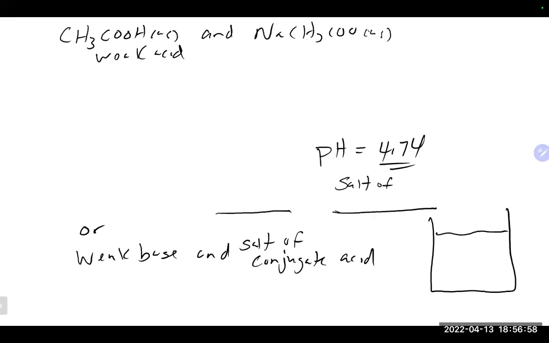I don't see it on my list, so I'm going to assume it's a weak acid. Again, that list was all strong acids. This is its conjugate base, and this is what is referred to as the salt of its conjugate base. It's a salt because this is a sodium ion and an acetate ion.